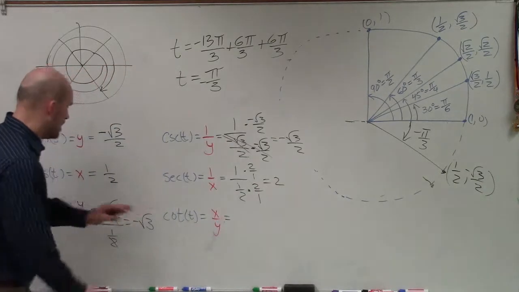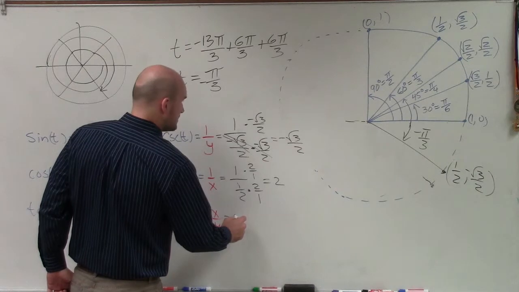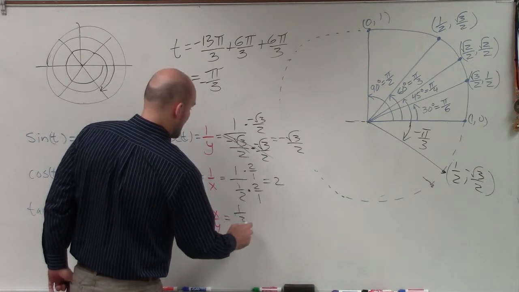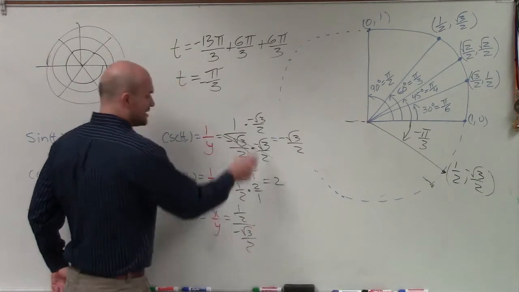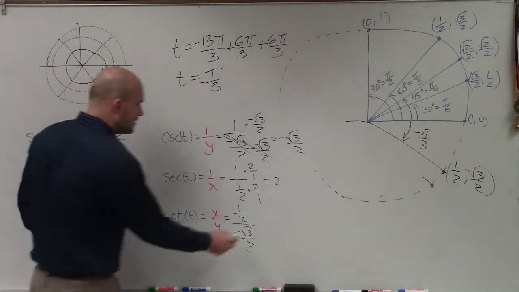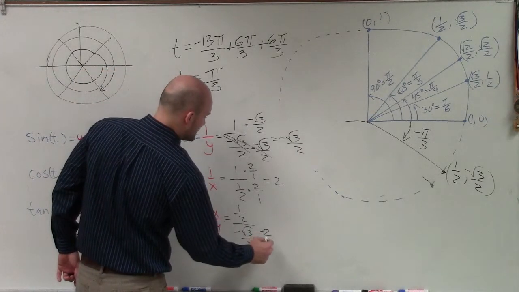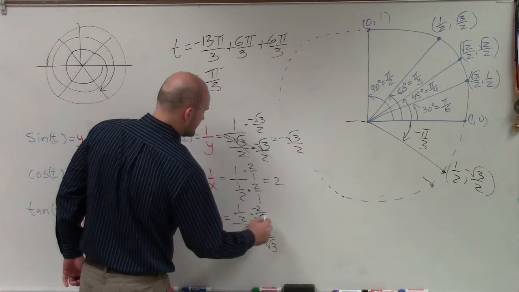And then for cotangent, I'll actually break it out because I have a little bit more work. So that's going to be the x, 1/2, over negative square root of 3 over 2. And just like I did in these cases, I'll simplify a little bit further and multiply by the reciprocal, which would be a negative 2 over square root of 3 on the top and on the bottom.